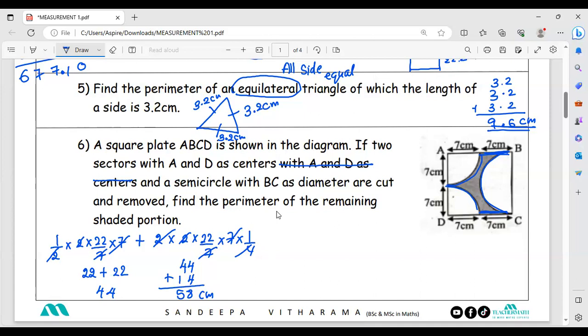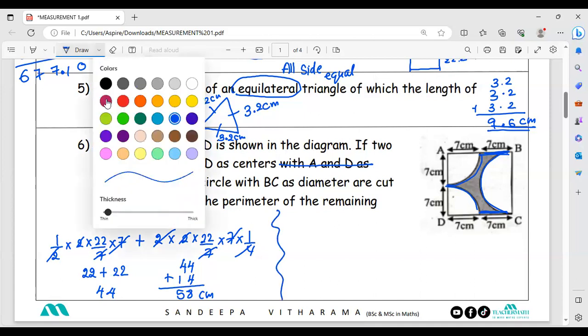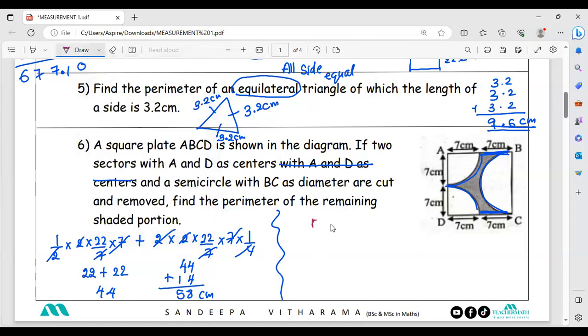And if you can identify, you can detect that if you find the circumference of a circle with 7 as the radius, this same answer can be obtained, because 2 quarters and a semicircle with the same radius make one circle, no? Then 2 into 22 upon 7 into 7, then 44 centimeters.